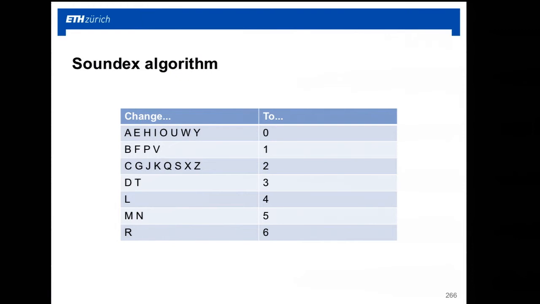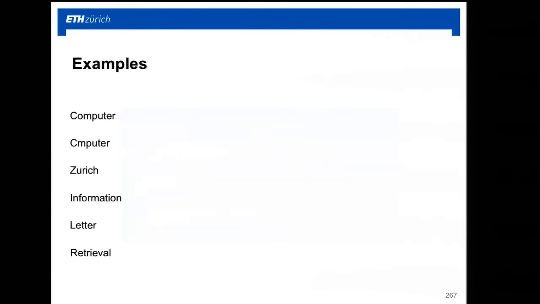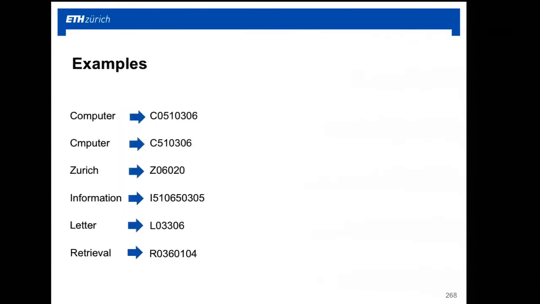So now what we do is that first we replace each letter with its code from the table, except the first one. The first one we don't replace, we keep it. Right? We keep the first letter, and then we replace each one. So E is 0, T is 3, and so on and so on. So we replace with the codes.